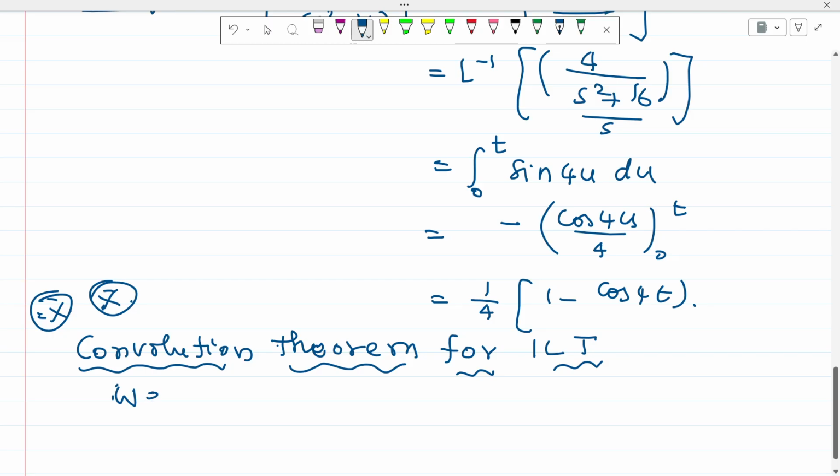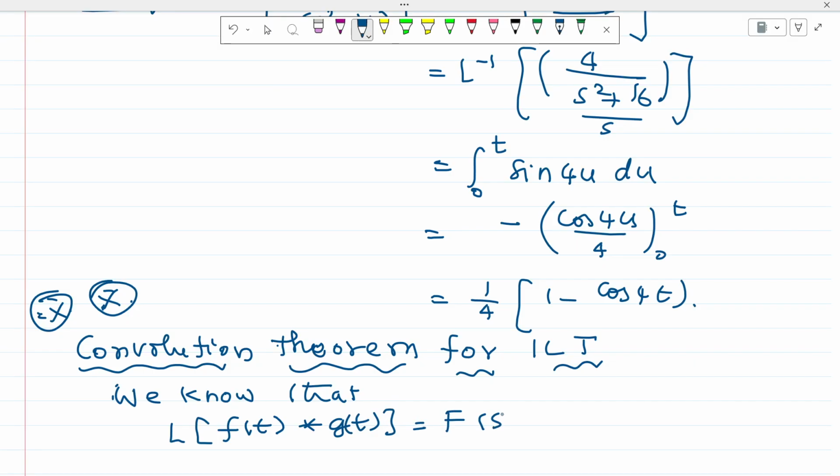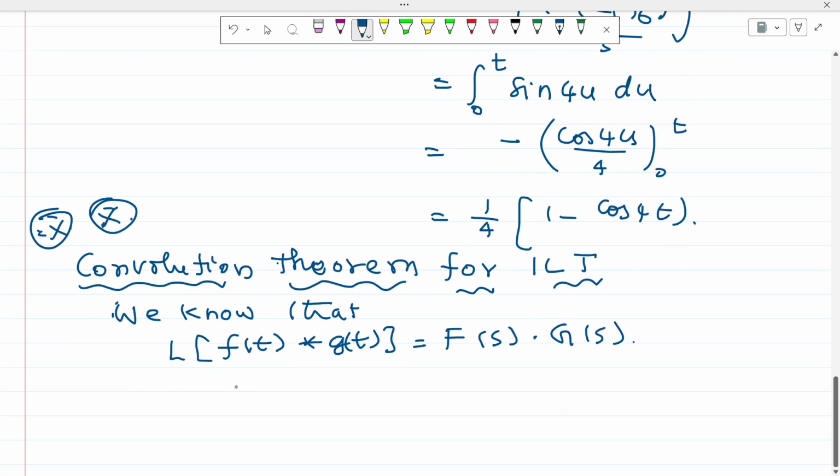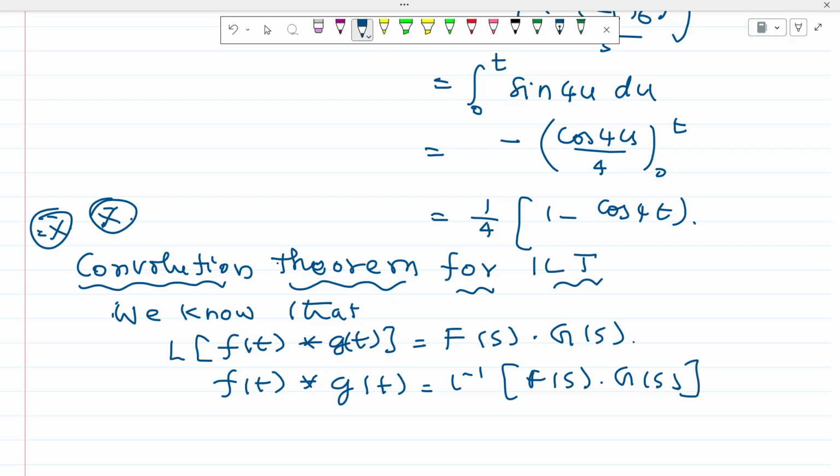We know that the Laplace transform of f(t) star g(t) is equal to F(s) multiplied by G(s). So taking the inverse Laplace on that side, what will you get? f(t) star g(t) is equal to L inverse of F(s) dot G(s).